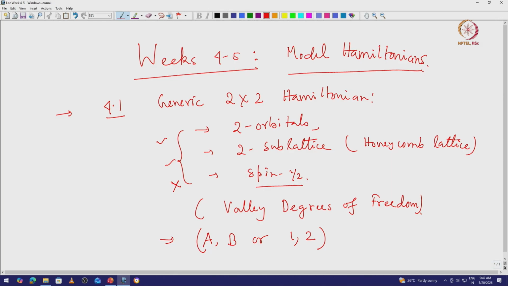There are things like chiral degrees of freedom, which also arise in some field theory way of looking at the momentum space Hamiltonian around some k point, and we will skip those. But our essential things are these, which we will denote either A, B or 1, 2.